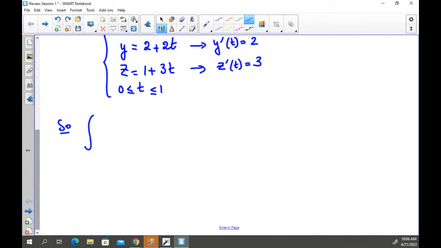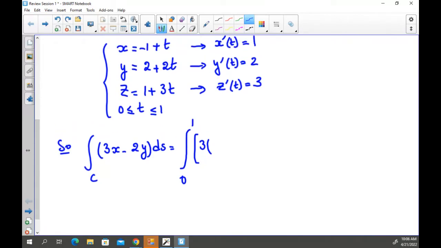of 3x minus 2y ds will be the integral from 0 to 1 of 3 times x, so we substitute, -1 plus t, minus 2 times the y, which is 2 plus 2t, and then the ds, what is the ds?